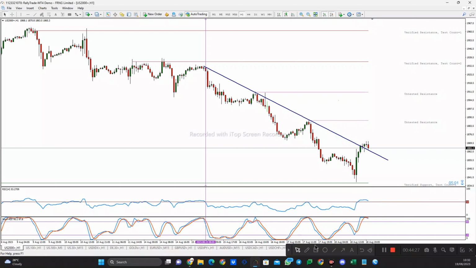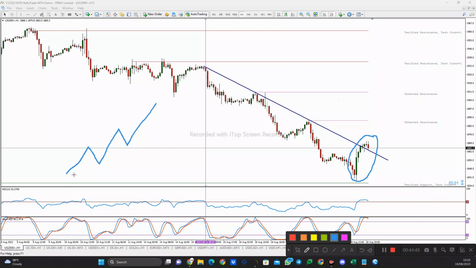Now you want to link your lows. On an uptrend, I want to link my lows, right? This is an impulse, a retracement, an impulse, a retracement, an impulse. Now, if you can see what is happening here, it's like an impulse has just formed here right now.